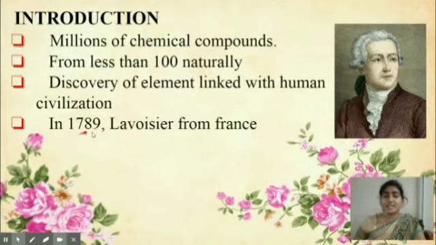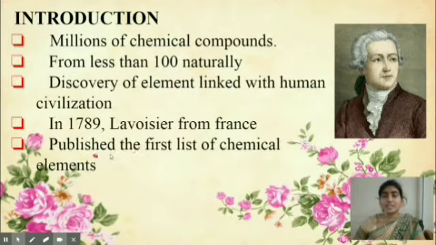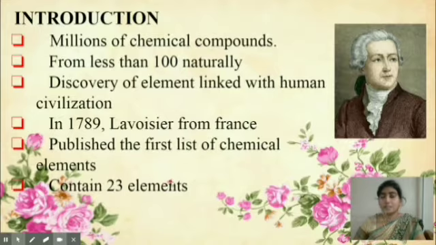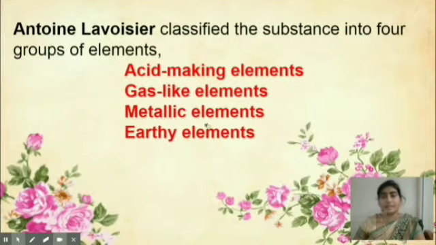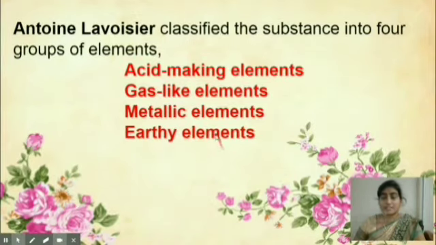In 1789, Lavoisier, that means Antoine Lavoisier from France, published the first list of chemical elements containing 23 elements after several experimental investigations. He classified the substances into 4 groups of elements, namely acid making elements, gas like elements, metallic elements, earthy elements. Now let's look at the table for these 4 groups of elements.